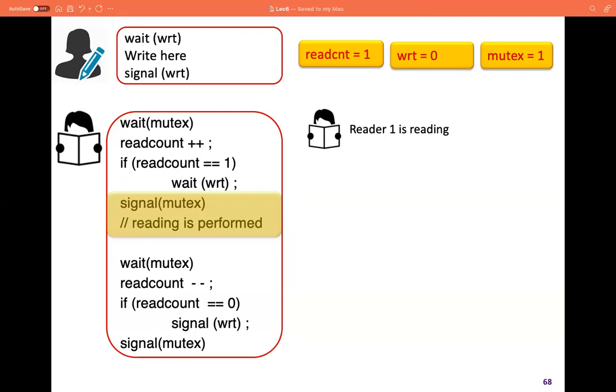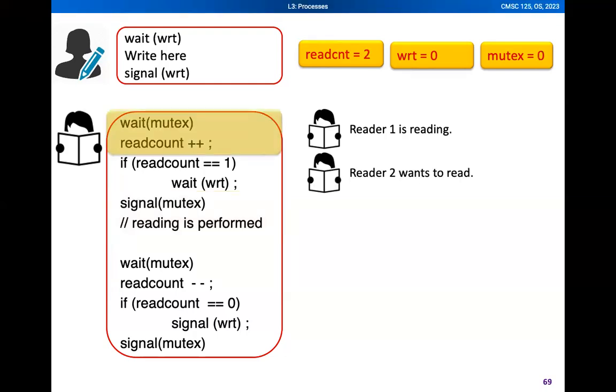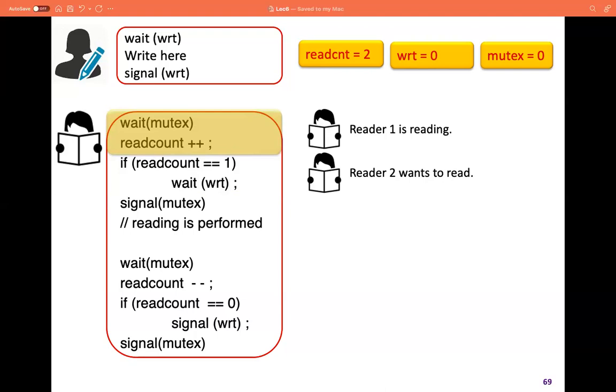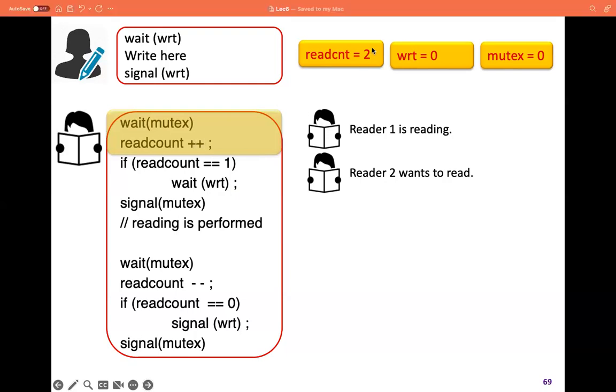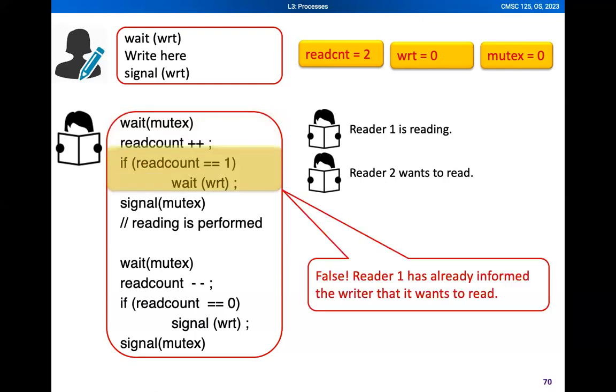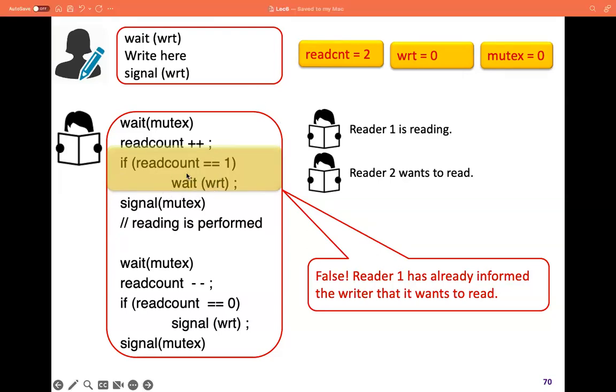And it starts reading. Now, assuming that reader 2 wants to read, we can see that the read count variable is also incremented by 1. Okay, and if read count is equal to 1, then of course we must perform wait on the write semaphore, but this results into false because reader 1 has already informed the writer that it wants to read, and in this case the read count is equal to 2, indicating the second reader.